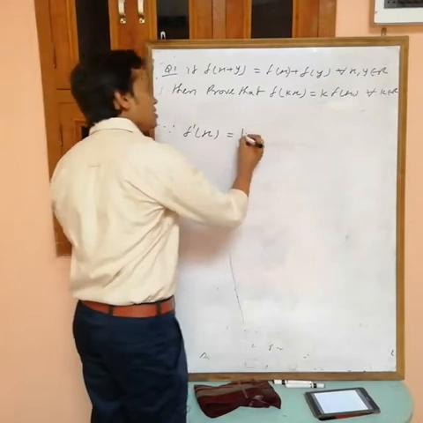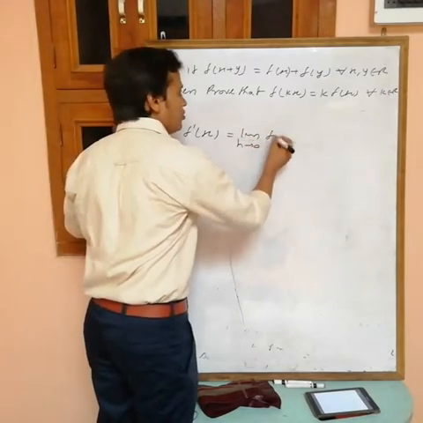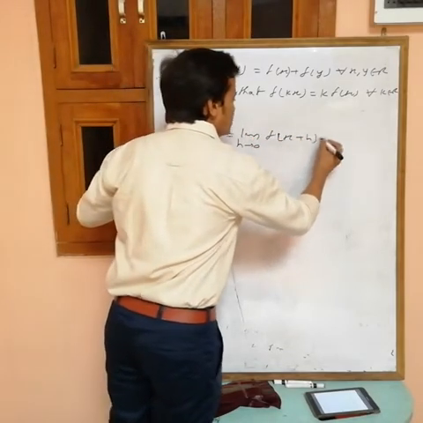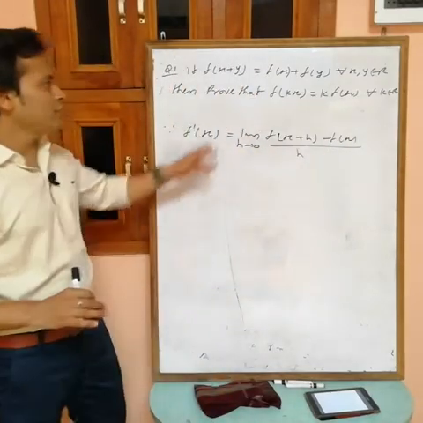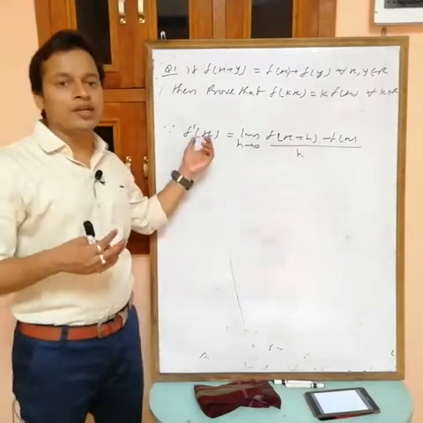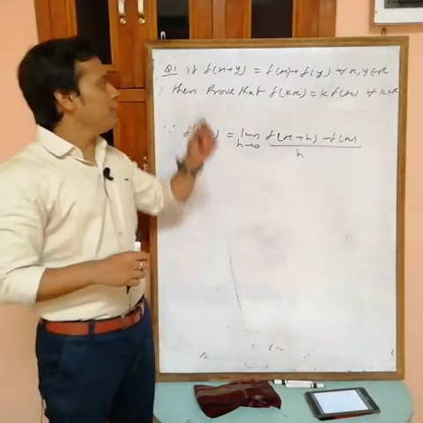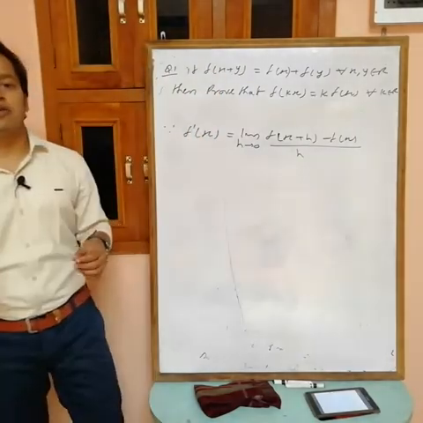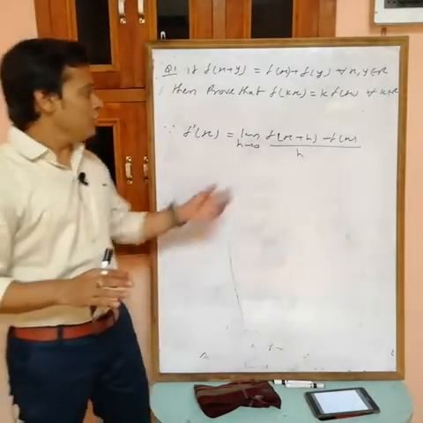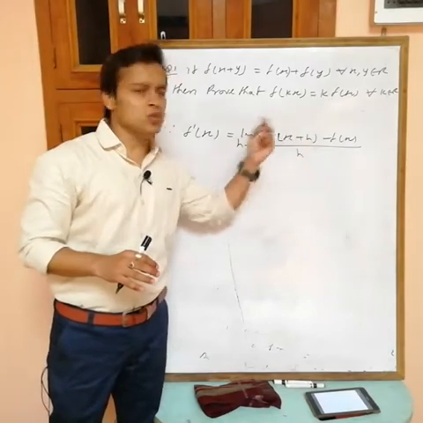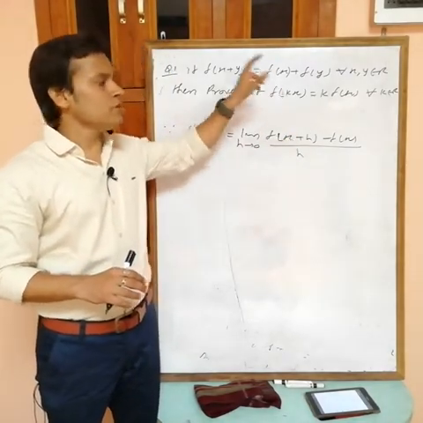F dash x is limit h tending to 0, f(x plus h) minus f(x), by h. Now actually we have to use this functional equation also to get f dash x. We have f(x plus y) equals f(x) plus f(y) for all x, y belongs to R. So in this one I can use this functional equation.